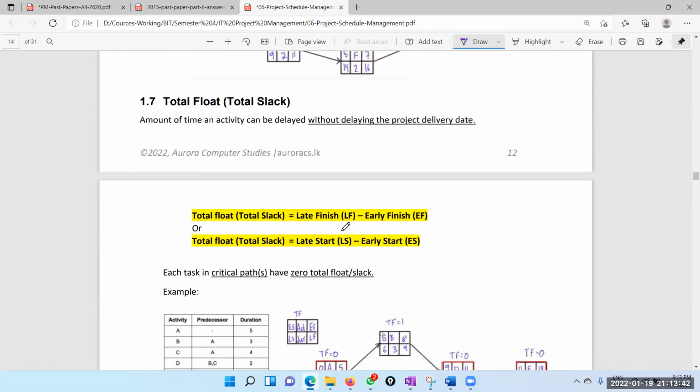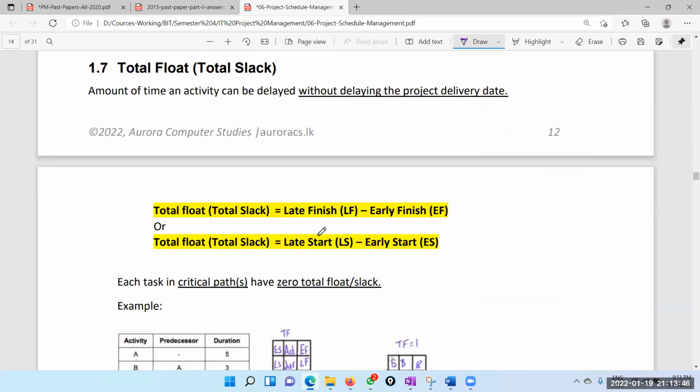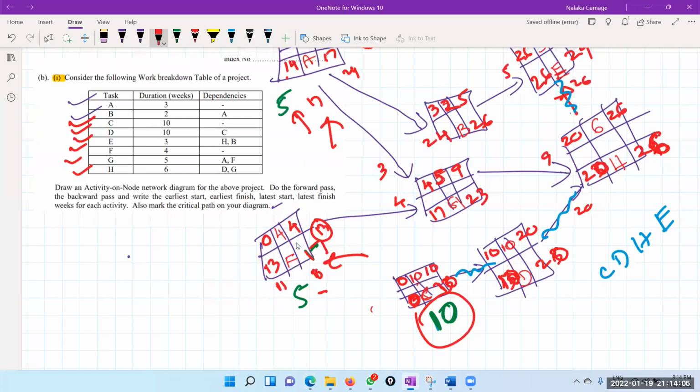Okay. Right, so now remember the total slack is the time that a task can be delayed without delaying the project delivery date. So that is called total slack, without delaying the project delivery date. For example, when you take these things, so here the slack is 13.